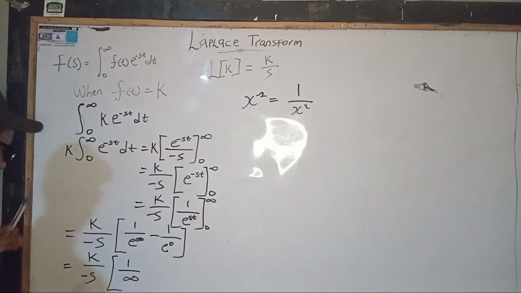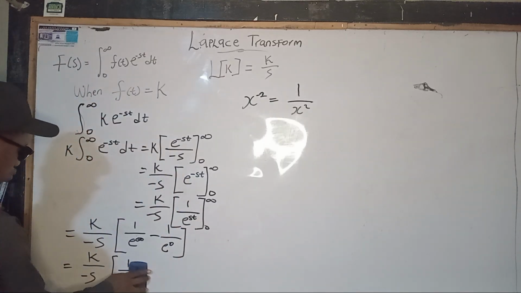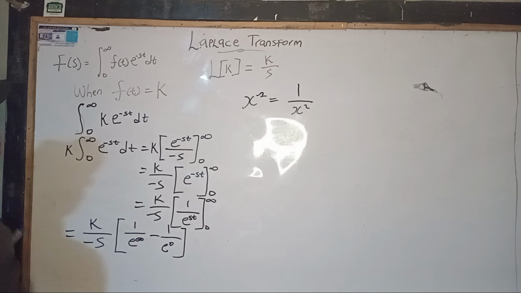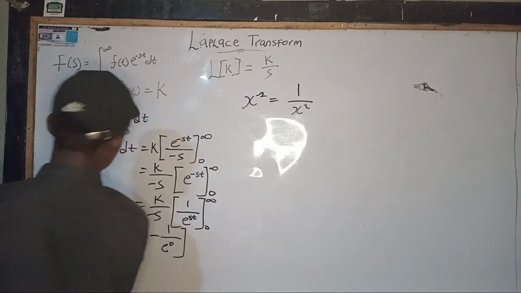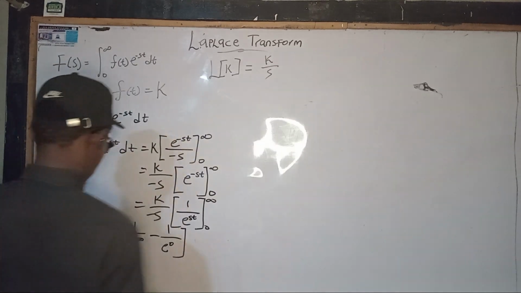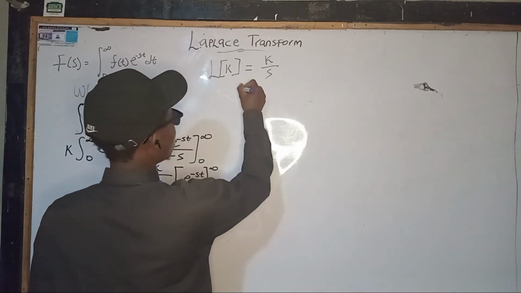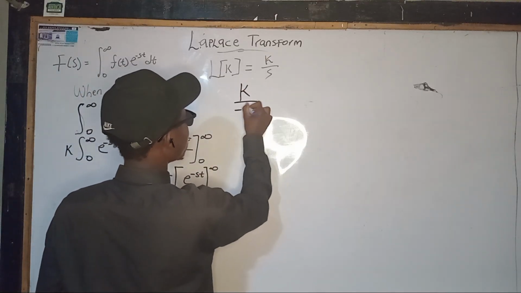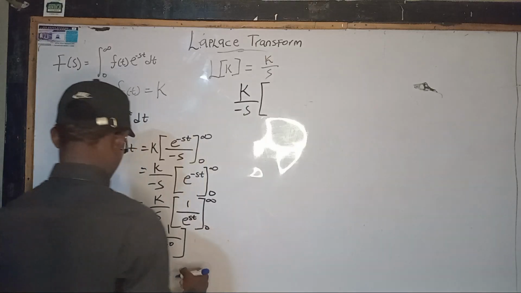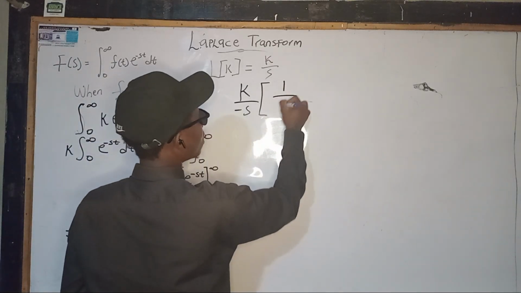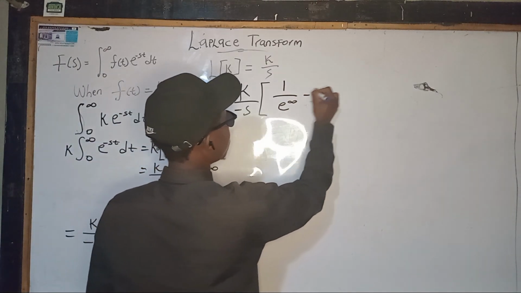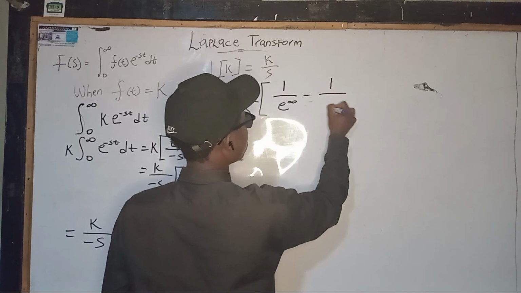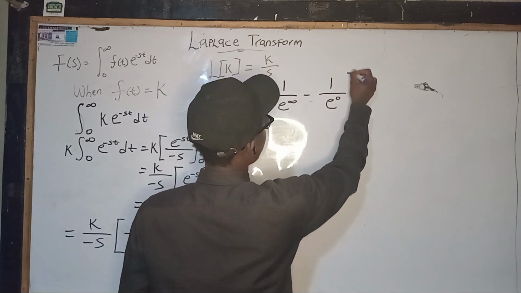Let me just bring it up here. We have k over minus s, times 1 over e raised to power infinity minus 1 over e raised to power 0.